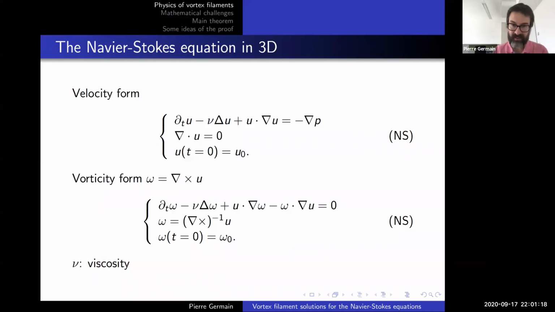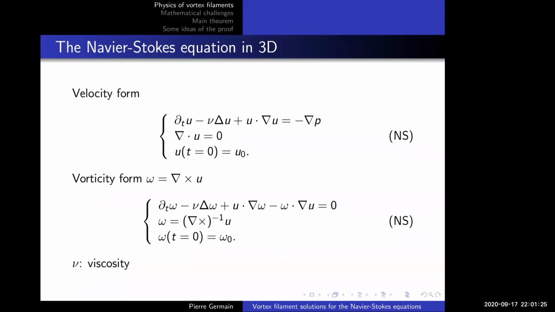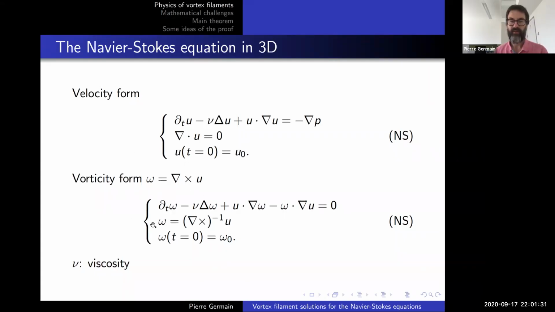And the vorticity form of the equation is an equation on the vorticity omega, the curl of U. The one thing that will come back later is the fact that for us, it makes sense to study the equation in vorticity form, because the geometric structure is more apparent in vorticity form.